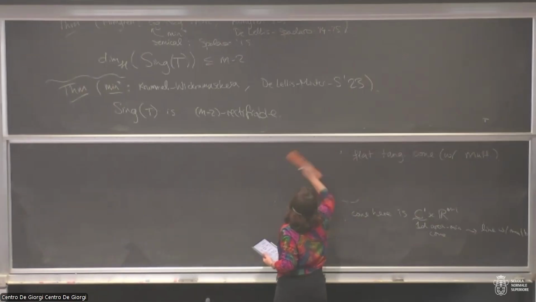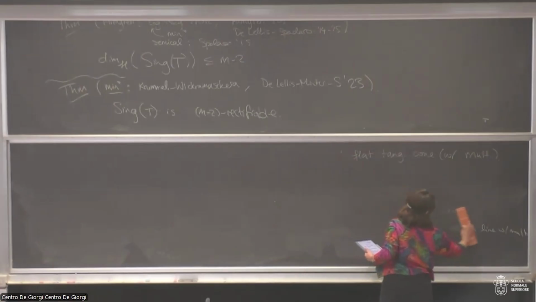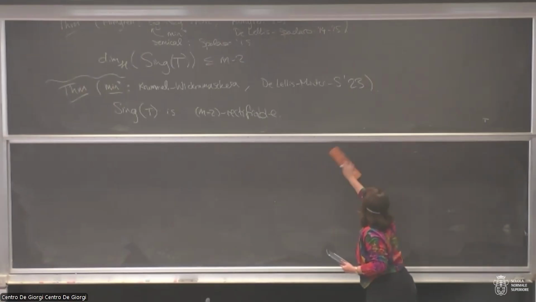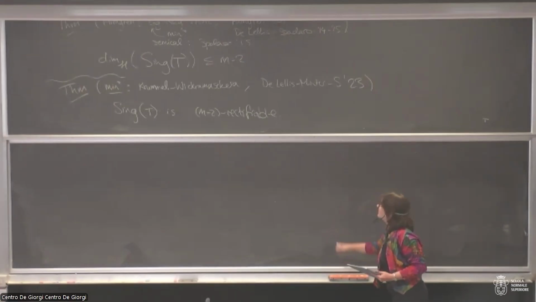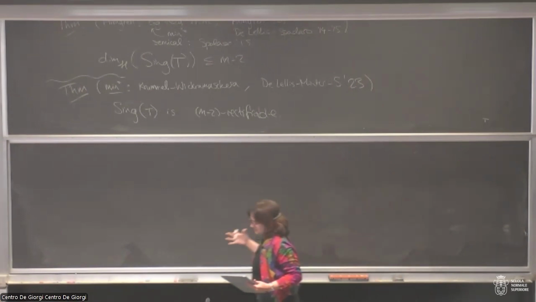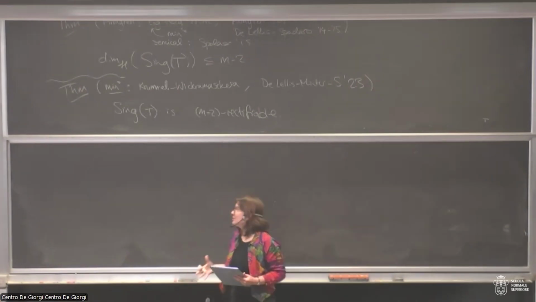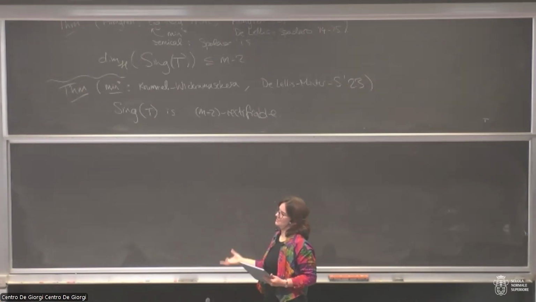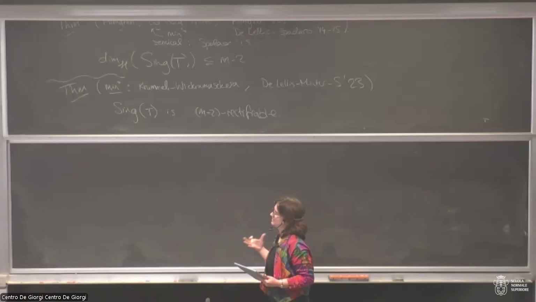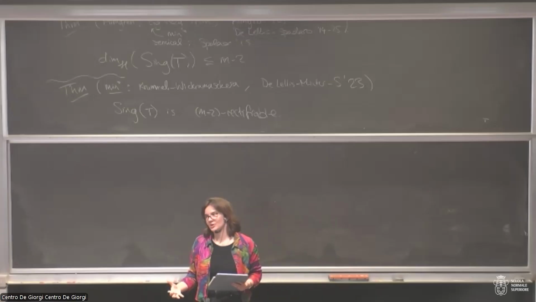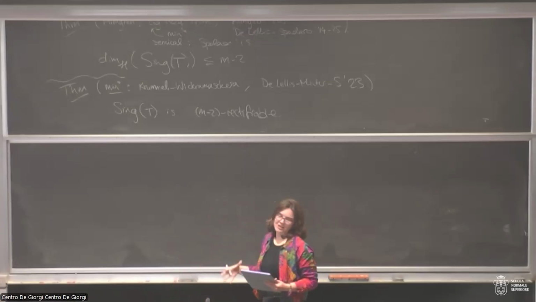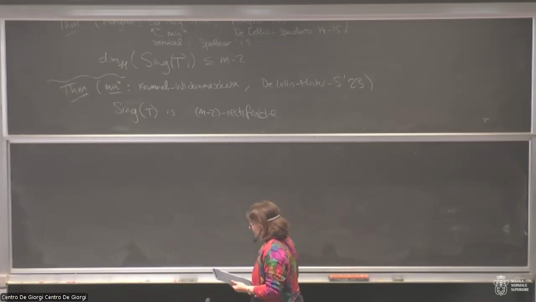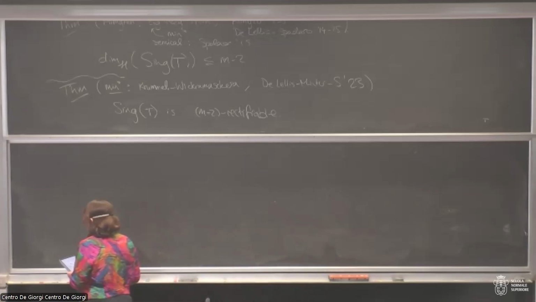tell you about these mod Q area minimizers. As you can see, the singular set here is codimension 2, so it doesn't allow you to see things like triple junction singularities, these tetrahedral singularities, things that actually appear in soap films.